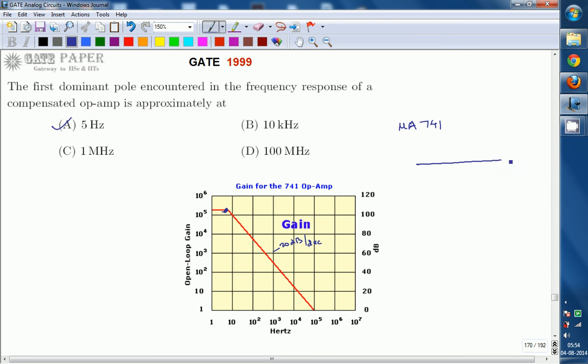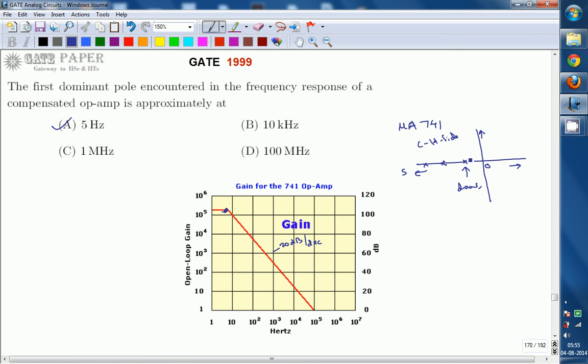So for example, this is the S-plane, and this is the left half of the S-plane. If you get 3 poles, for example, the one nearest the origin is called the dominant pole.